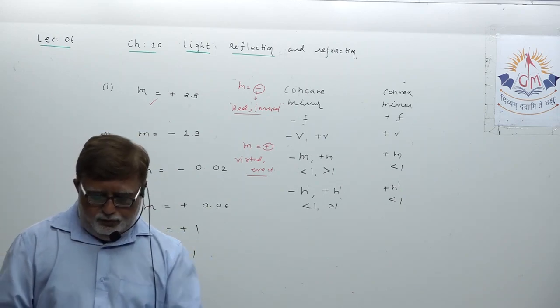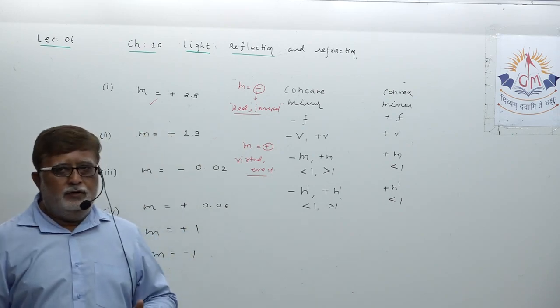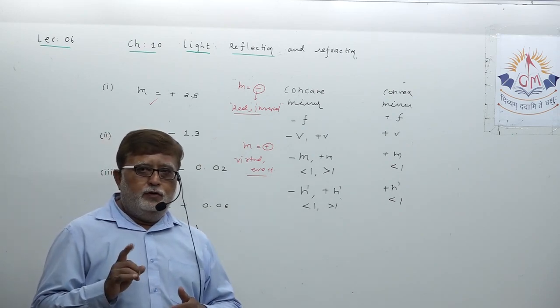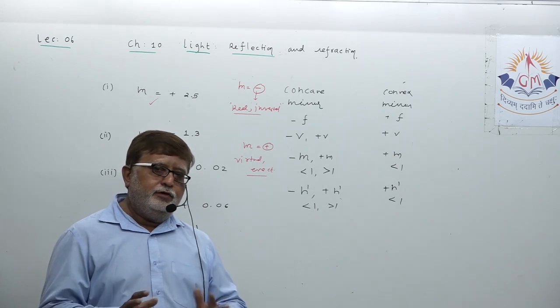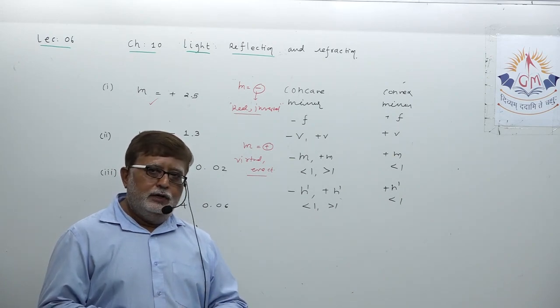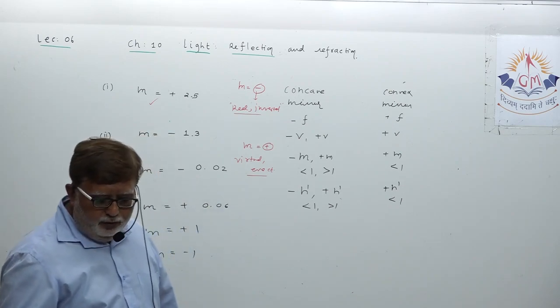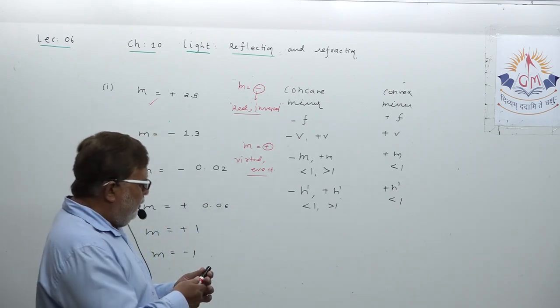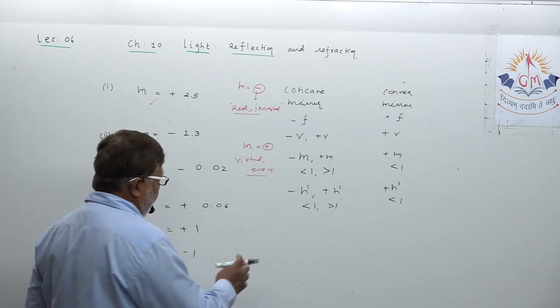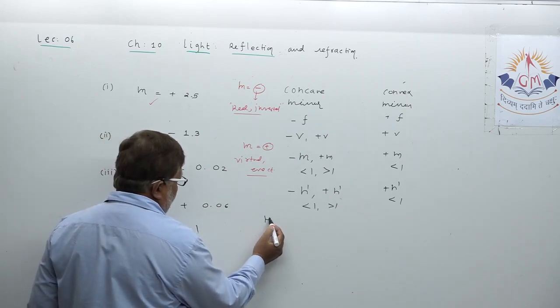Now, what you have to do? Today's lecture, dear student, was the last one, lecture number 6, for discussing reflection of light. That's over now. In the next lecture, we will discuss refraction of light. Okay. Now, what is the homework for today's lecture? I am writing it here.